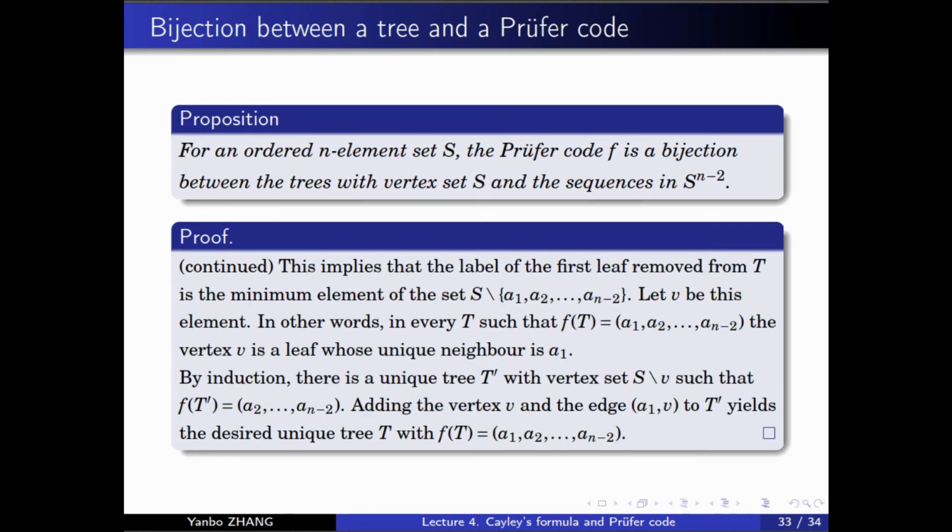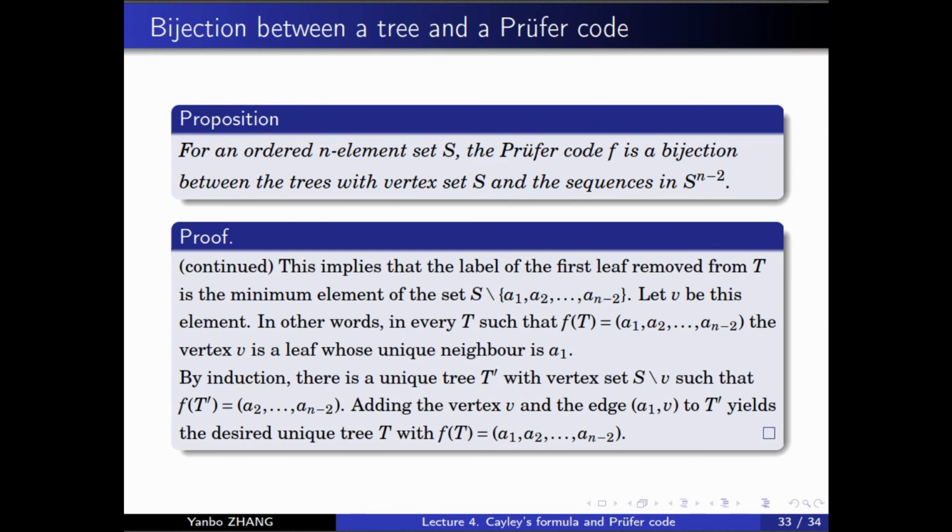By the algorithm, the first step is to delete the leaf with the smallest label. So this implies that the label of the first leaf removed from T is in fact the minimum element belonging to T, but not in a1, a2 to a(n-2).